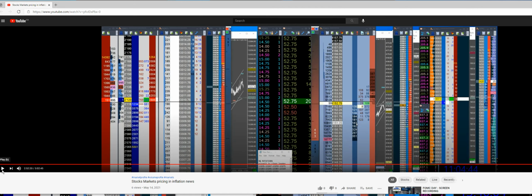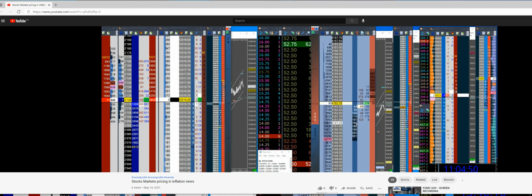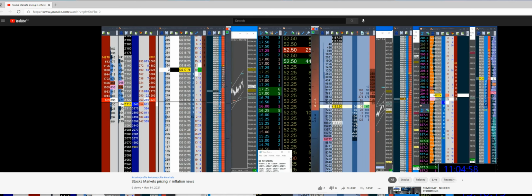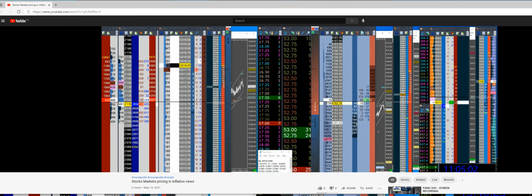So as the video plays, I'm going to demonstrate what I'm looking at here. Again, I'm looking to have an entry at that price. If I was to put an entry at that price, just look at how the offers and the bids are stacking and being pulled. In this case, it's the 51.25.